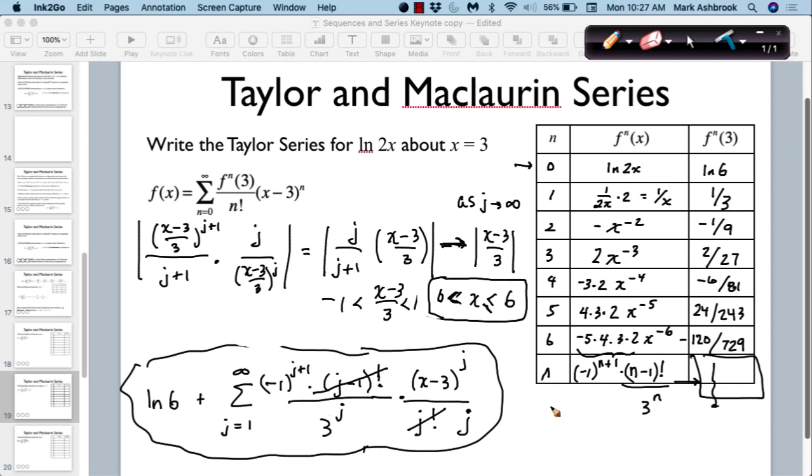So here's our interval. This is the first time we've gotten an interval that wasn't all real numbers. And this makes sense because natural log of 2x is undefined at 0 and less than 0. So it can only possibly converge for x greater than 0, because that's where natural log of 2x is defined.